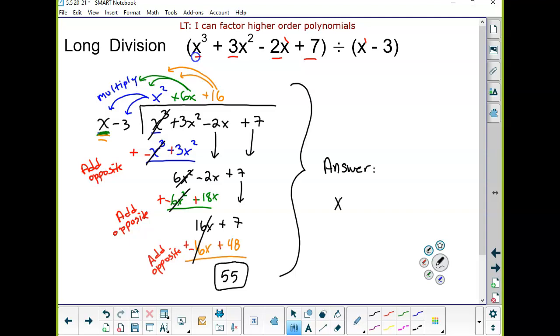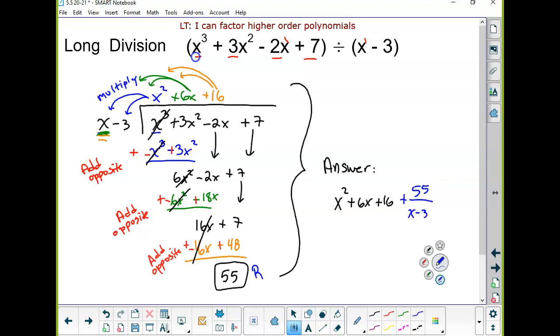So what's my answer? Well, x minus 3 goes into this polynomial, and what's left over is this piece plus the remainder of 55. Now, when we say remainder, some students like to put the R here for remainder. The remainder is always divided by whatever we were dividing by.